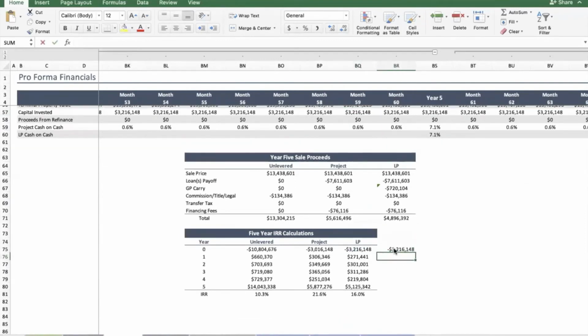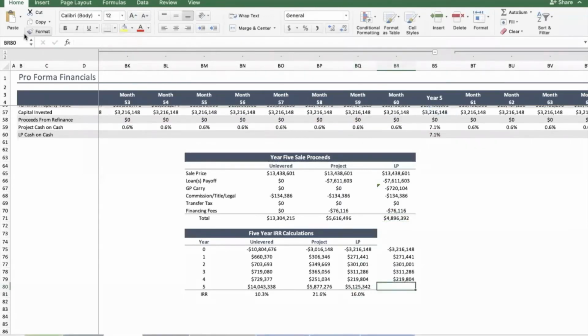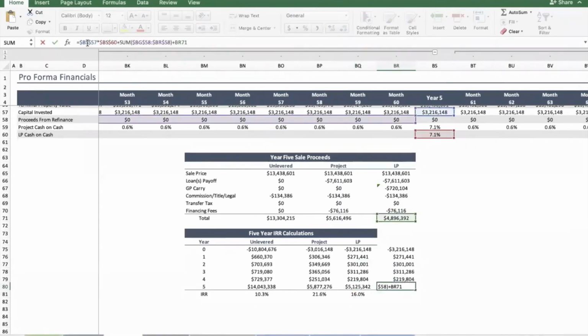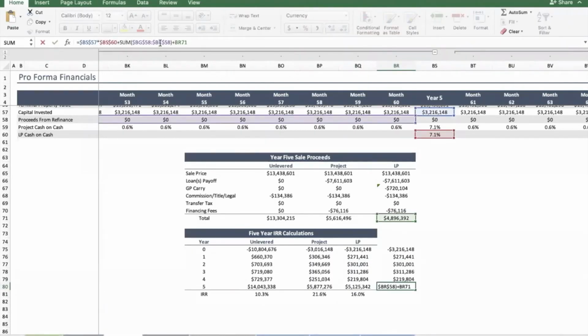What we'll do is copy all of these assumptions that will be the same, and the only thing that will change is the sale. So I'm going to take this formula, copy it over, and remove the sale price, which is going to be this number.